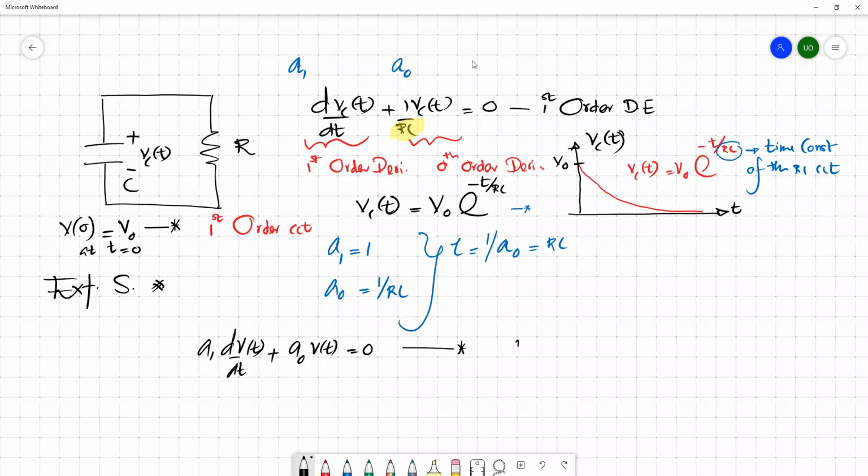We know that a1 is basically 1. So it's something like dv(t)/dt plus a0 v(t) equals 0. So this is the first order differential equation.